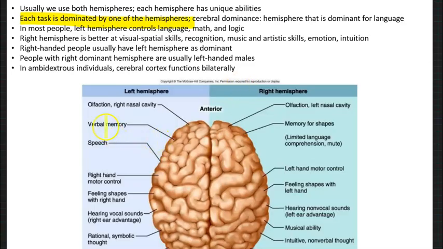So if you look at this image, verbal memory points at the left hemisphere. Can you see that? Does that mean that it's only left hemisphere? It doesn't. It means that the dominant structure that is used first, so to say, for verbal memory is in the left hemisphere. But if something happens to it, the right hemisphere is going to take over. Okay?